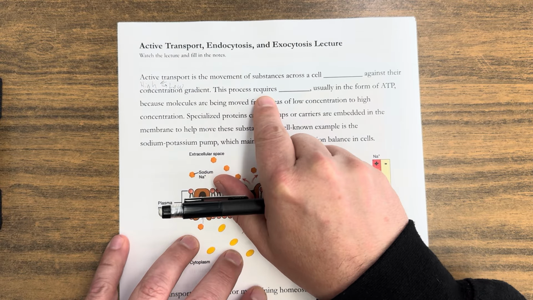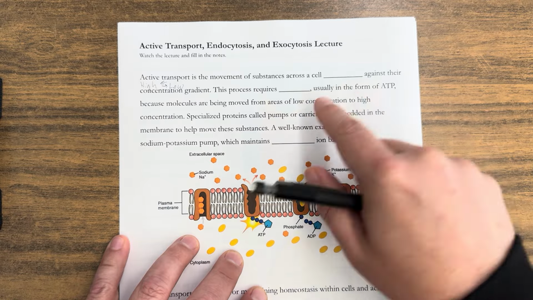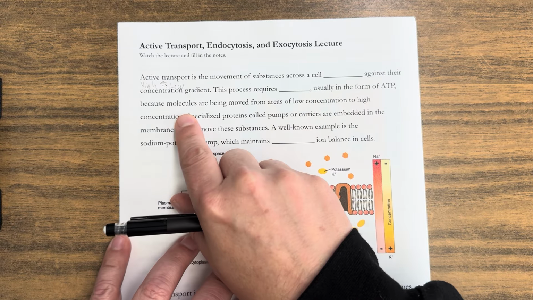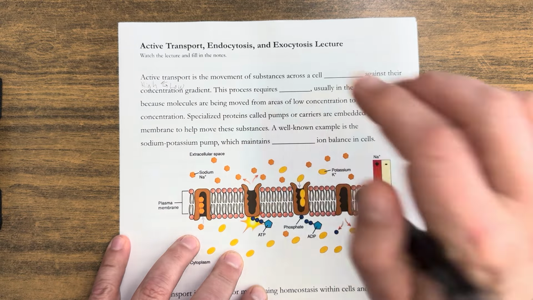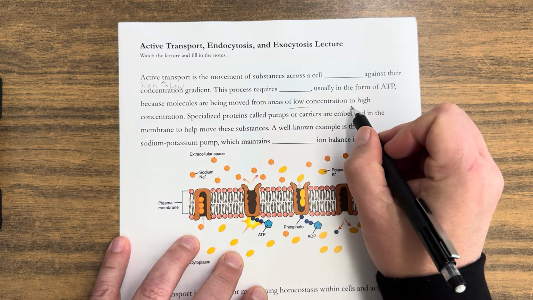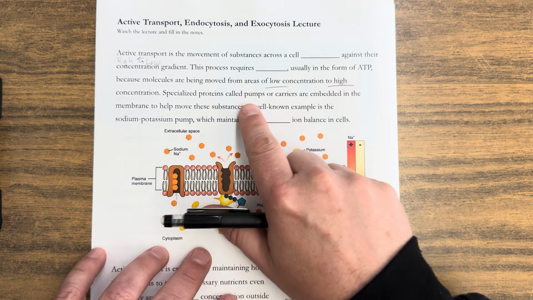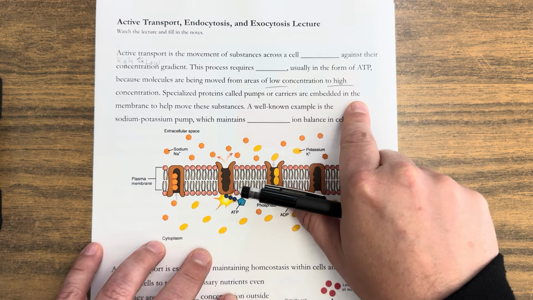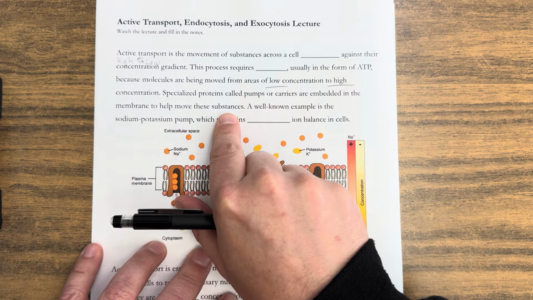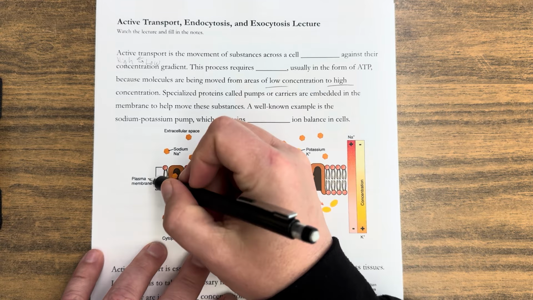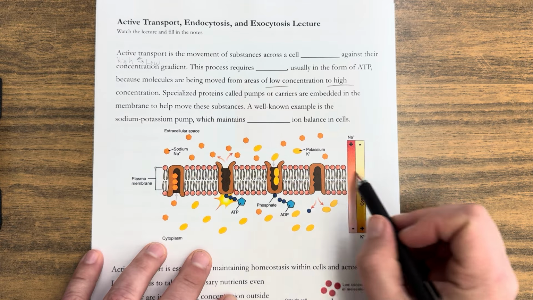This process requires energy, usually in the form of ATP, because molecules are being moved from areas of low concentration to high concentration. Specialized proteins called pumps or carriers are embedded in the membrane to help move these substances. You can see this here. So here's our plasma membrane, right? The skin of the cell.